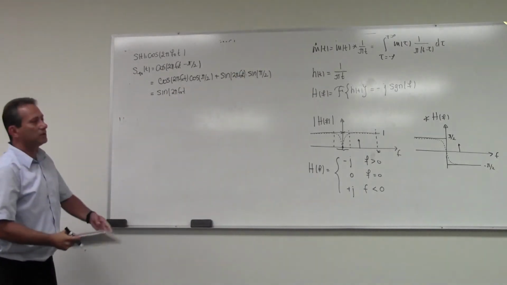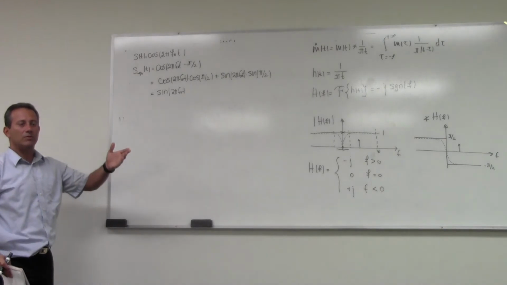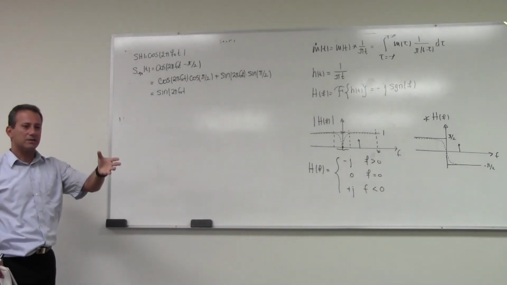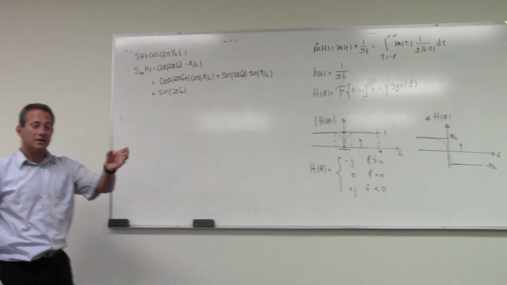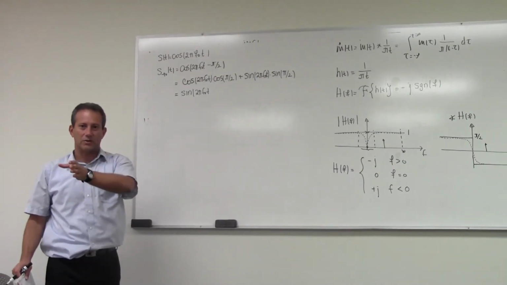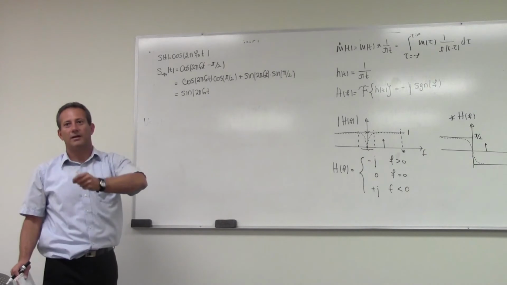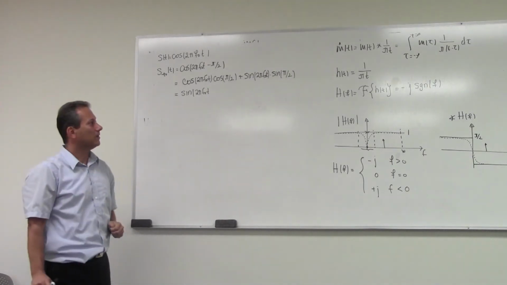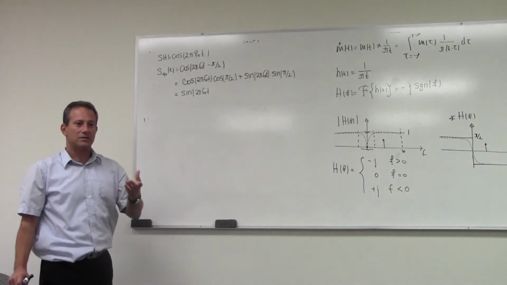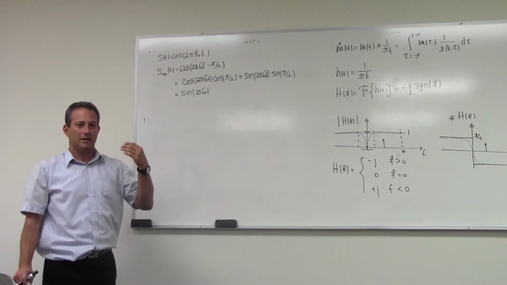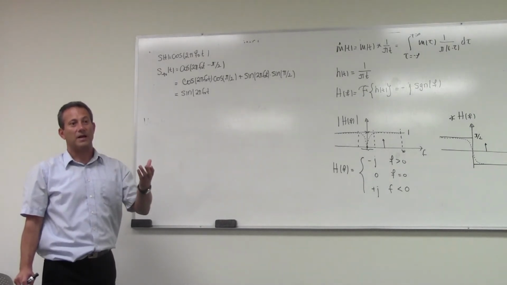So what does this filter do? Now it's very easy to understand. I need to look at my signal through my Fourier glasses, see that it consists of all of these sinusoids, take each cosine and turn it into sine. I do that for every one of the components, and what I get as a result is my signal m hat of t.